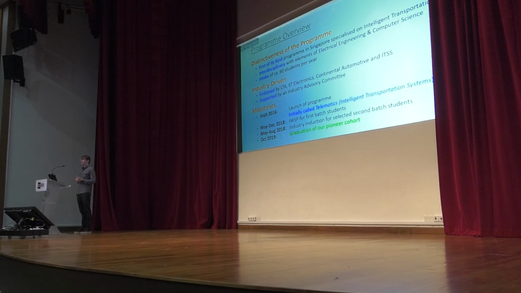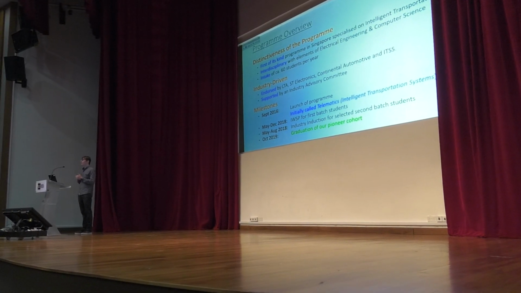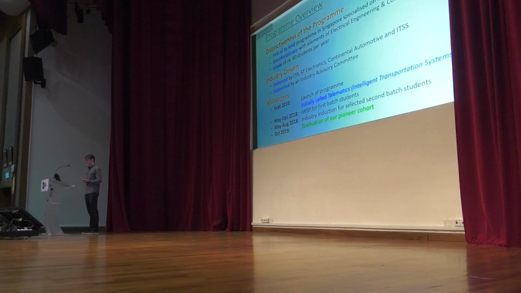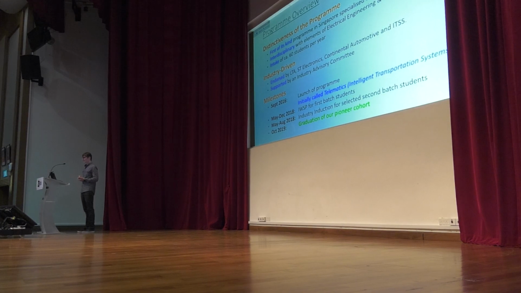Also, some of the second batch students were sent out for industry induction. And finally, in October 2019, our pioneer cohort graduated and made us very proud and also showed that our idea with such a specific program worked.